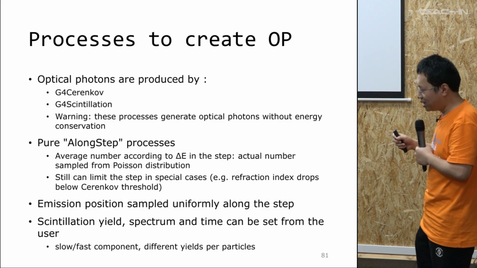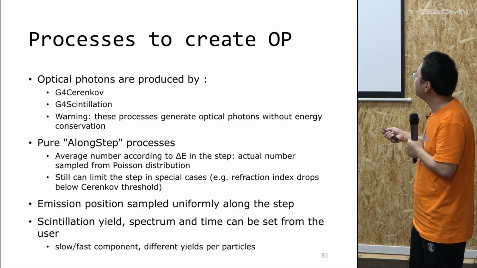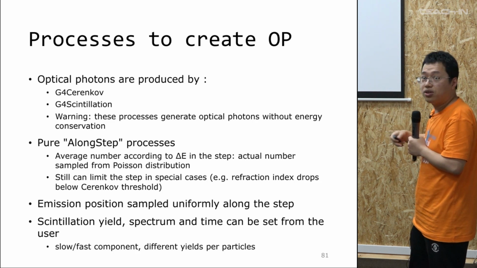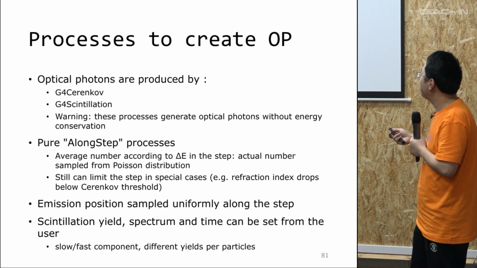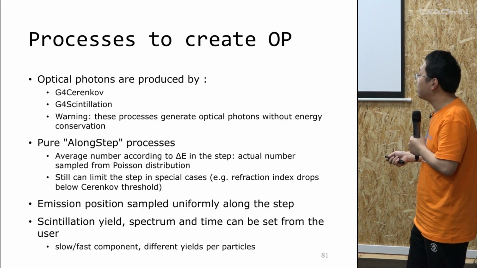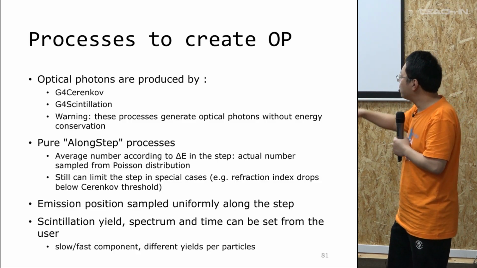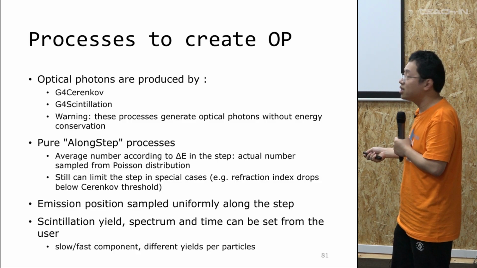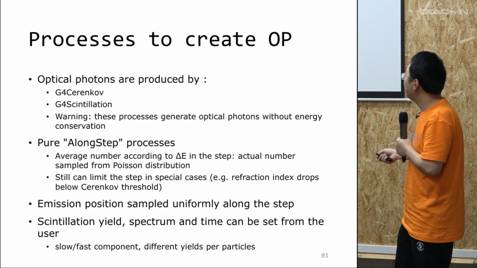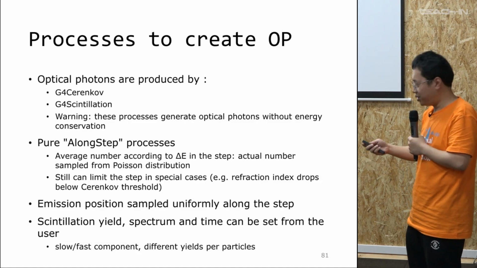When energy is deposited in this step, the photon is not emitted immediately; it will follow some distribution. There can be different components in this distribution, which we call the fast component and the slow component. Their yields could also be different for different particles.